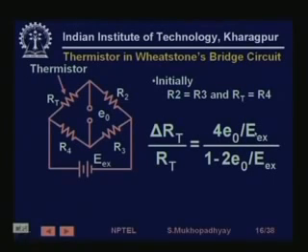Now, this is equal to minus beta by T square delta T. So from E0 you can sense this delta RT by RT, and then based on your sensitivity you have to find out what the temperature is. For small ranges, that is when the overall temperature T does not change too much, minus beta by T square can be assumed to be constant.